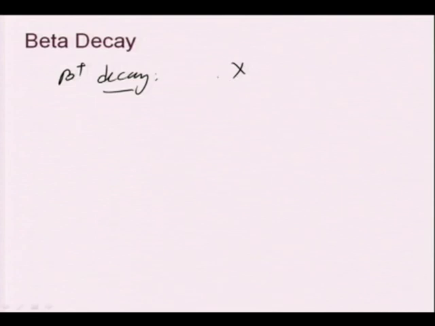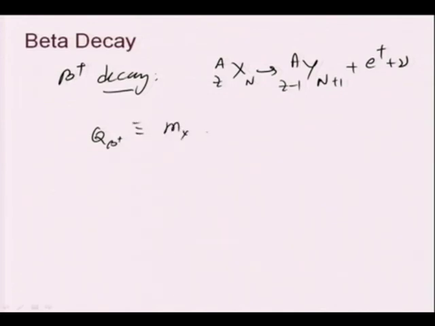Let us consider the beta plus decay. It is X with Z, A going to Y with Z minus 1, A plus a positron and a neutrino. In a similar vein, we can define the Q factor as M_X, the nuclear mass, minus M_Y, the nuclear mass, minus m_e.